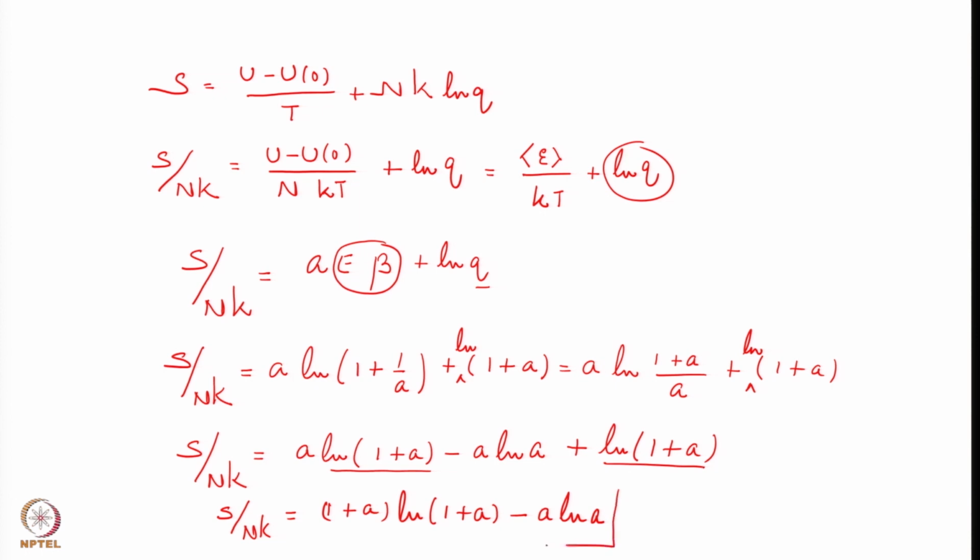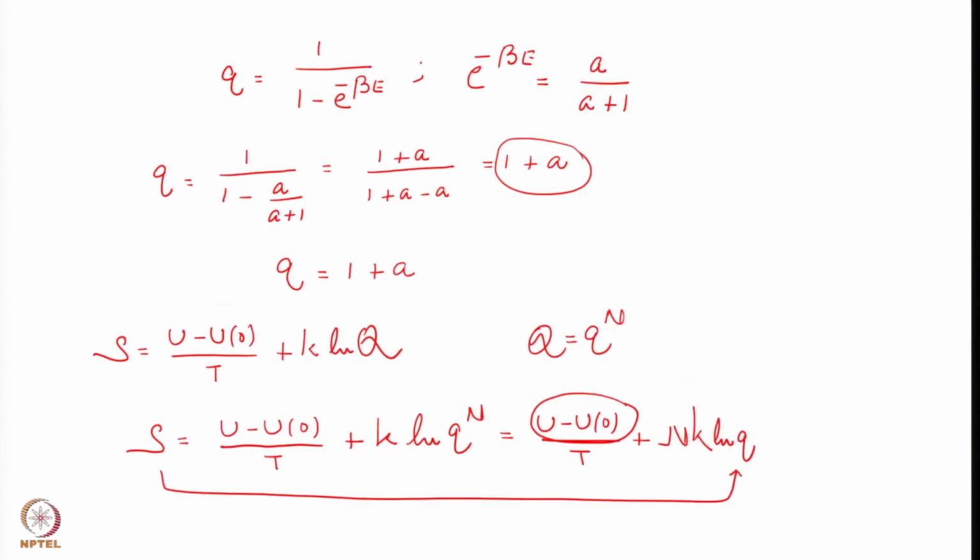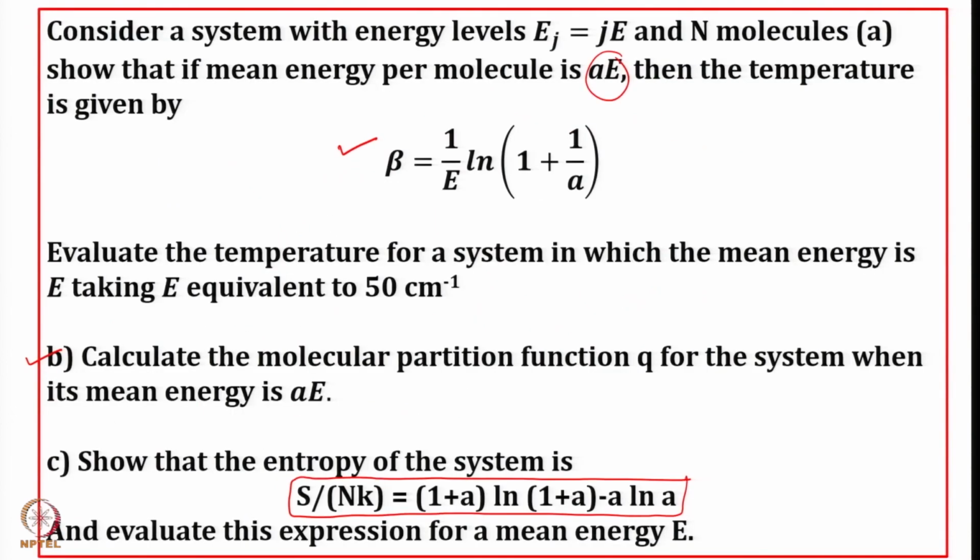So what I have now is this expression, S by Nk is equal to 1 plus A log 1 plus A minus A log A. Let us look at what was required. S by Nk is equal to 1 plus A log 1 plus A minus A log A. This is what was required, and we have got it.